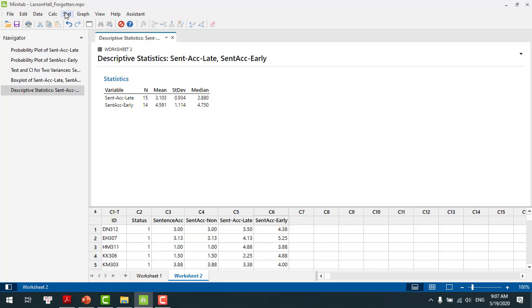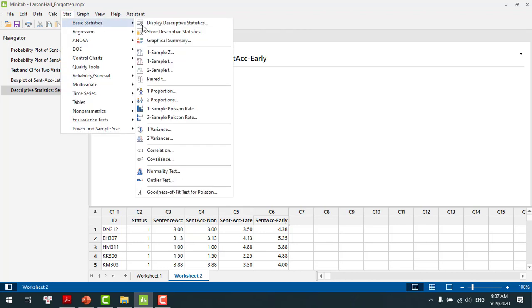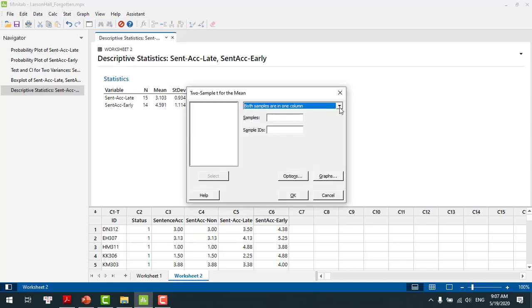So here we're going to go to stats, basic statistics, and we're going to go to a two-sample t-test, and we have them now in their own columns. So sample 1 is going to be my late group, sample 2 is going to be my early group. Okay, and we click OK.